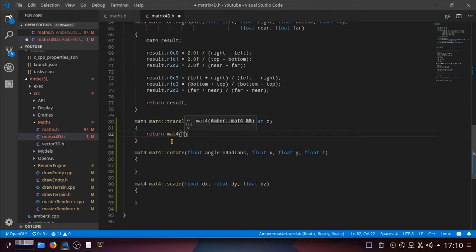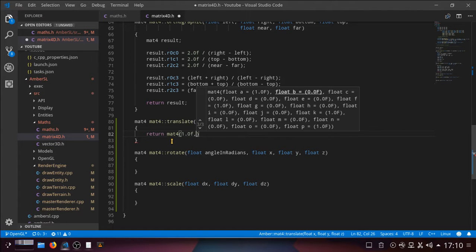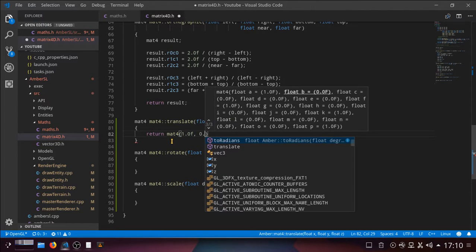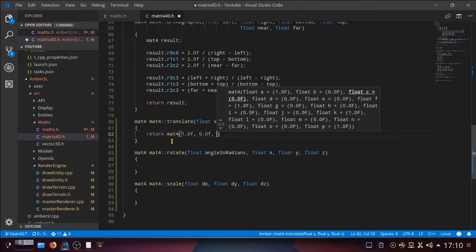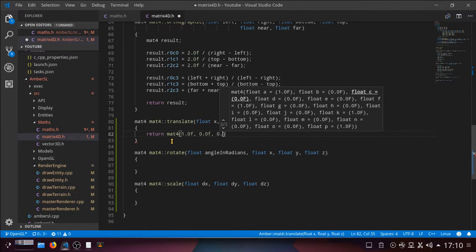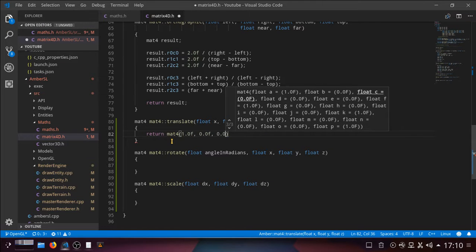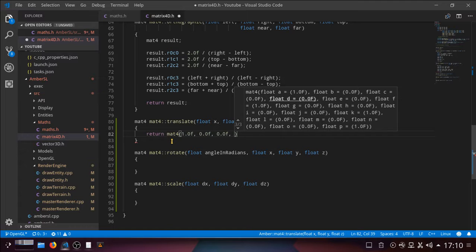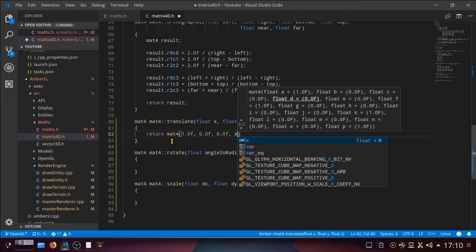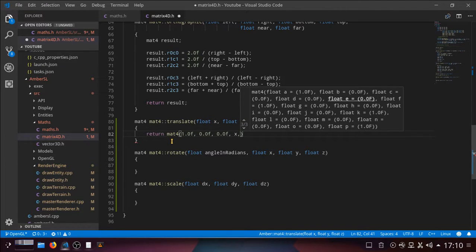It's 1.0f, comma, 0.0f, comma, 0.0f, comma, x, comma. Yep, that's right.